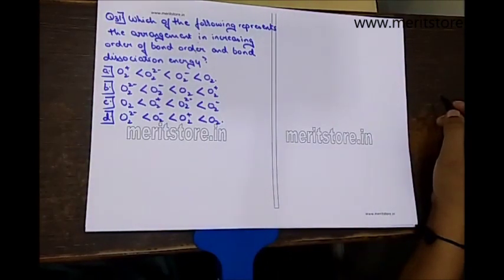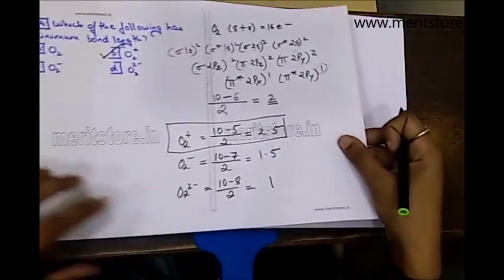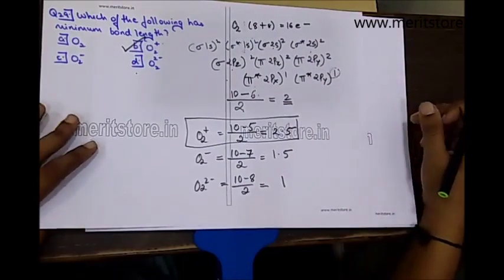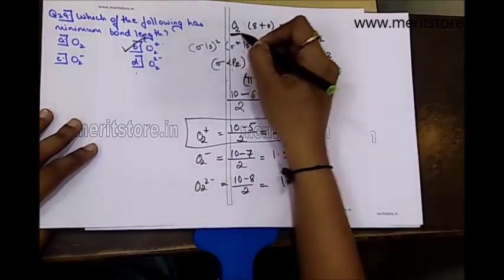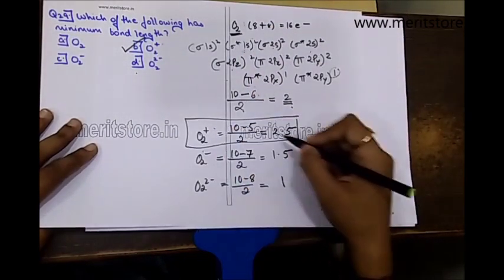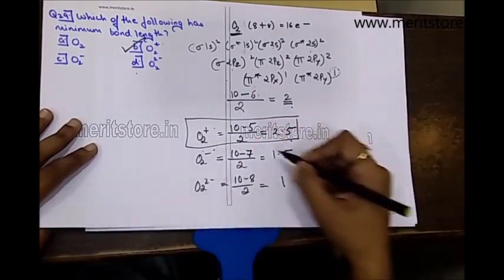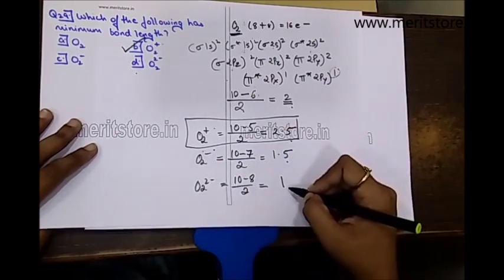Question number 31 is, which of the following represents the arrangement in increasing order of the bond order and the bond dissociation energy? In the previous question number 29, we calculated for the same molecules, where for O2 the bond order is 2, for O2 plus it's 2.5, O2 minus it's 1.5, and O2 2 minus is 1.